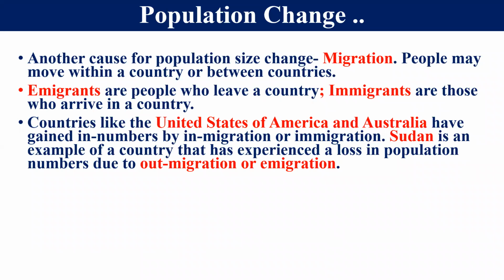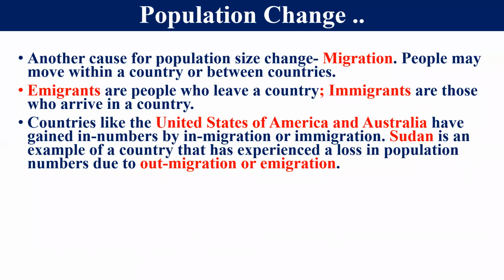The population of these countries has increased just due to immigration. I have told you that immigrants are those who arrive in a country. People are migrating from other countries to USA and Australia. That's why the population of USA and Australia has increased.